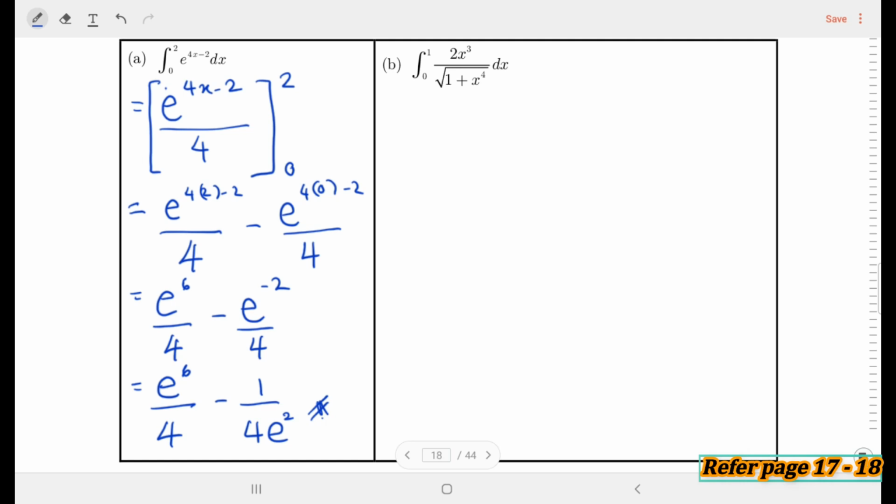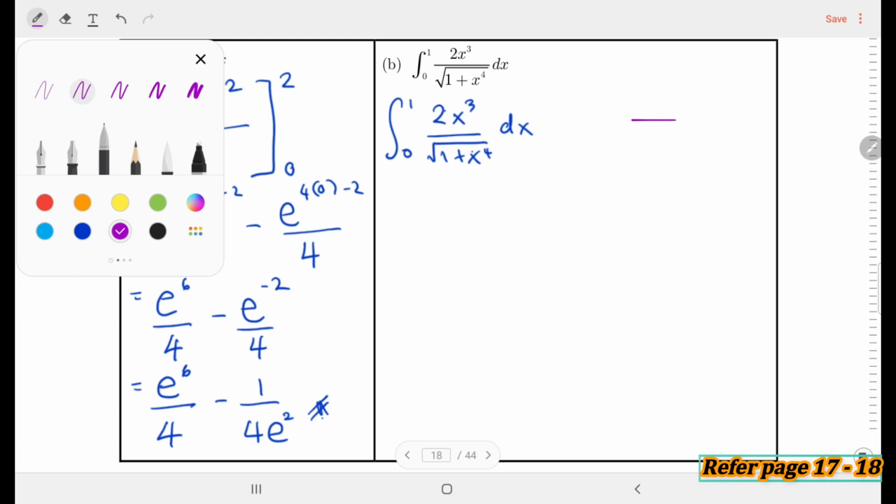Clearly from here, I can see 1 plus x to the power of 4. When I differentiate, it becomes 4x to the power of 3. Okay, let's get started. So here is the integral from 0 to 1 of 2x to the power of 3 over the square root of 1 plus x to the power of 4 dx.